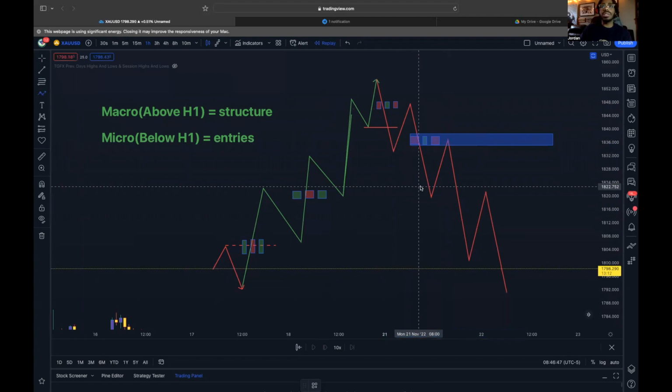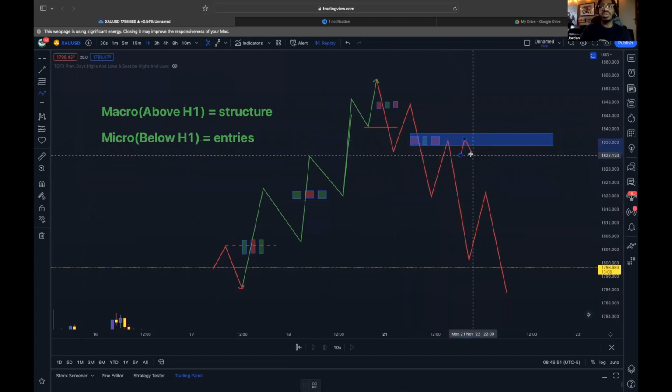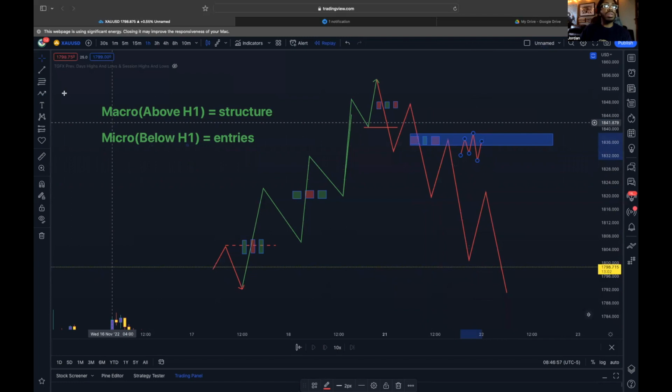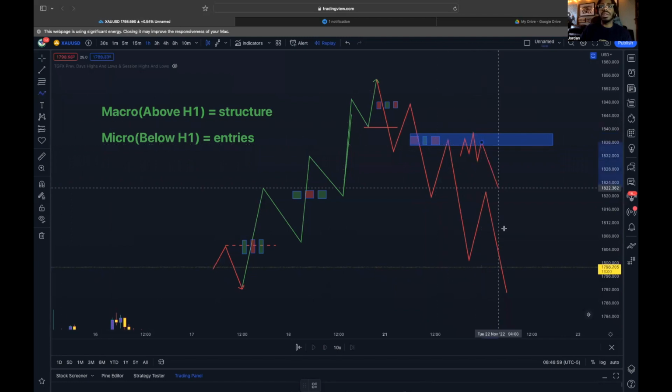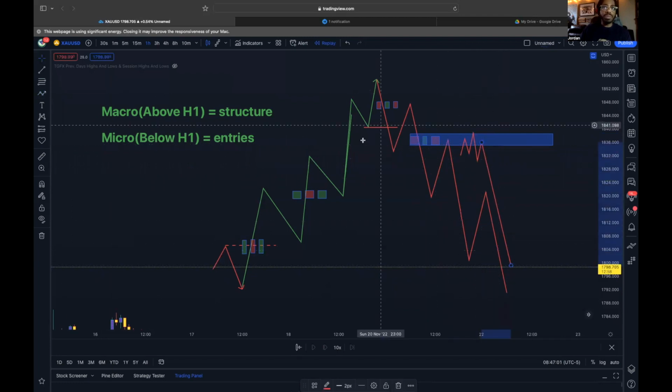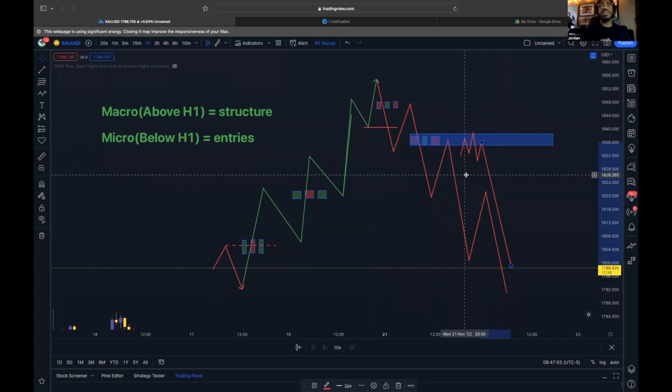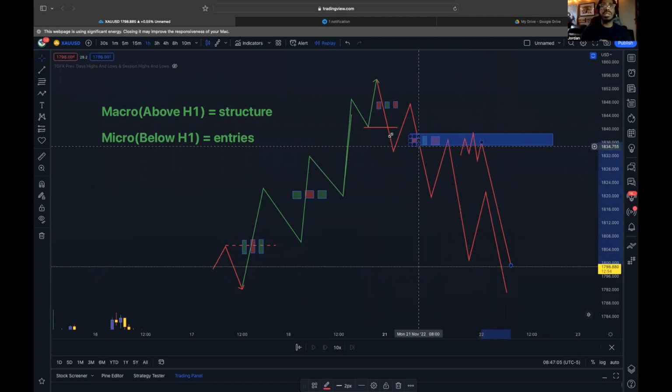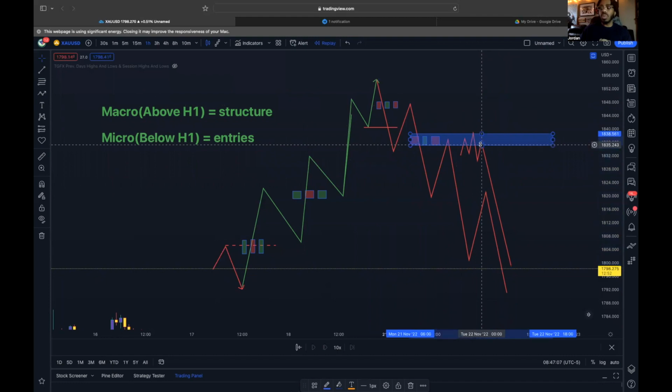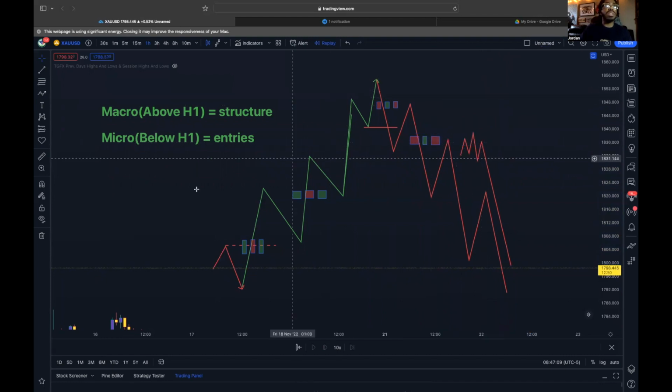So same process again, guys. Once we get tapped into this level, we get some type of transition, price makes a high, breaks structure, comes back. This is our entry here, and then we take price for the next leg of structure. So it gets very simple, guys, once you can understand this and determine where you want to get in for your buy and sell entries.